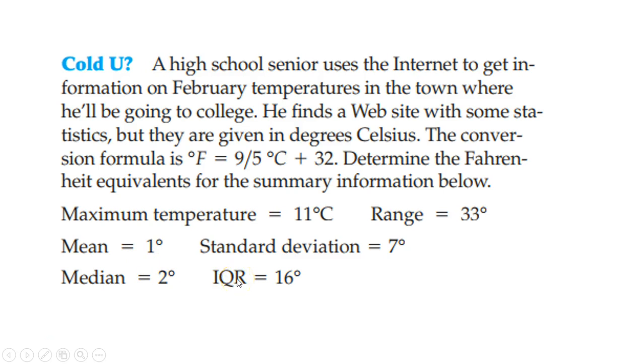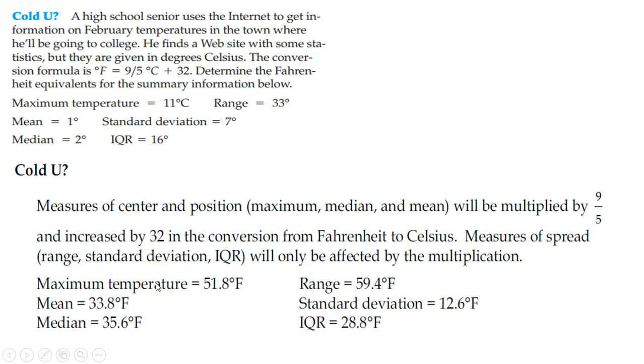The idea is to take someone else's statistics and morph them into your own. You don't just plug it in the formula and everything switches. Again, the ranges stay the same. Interquartile range will stay the same. Standard deviation will stay the same after you multiply it. But for the adding, the max temperature, the mean and the median are all that will change. That's basically what we get when we go over this.